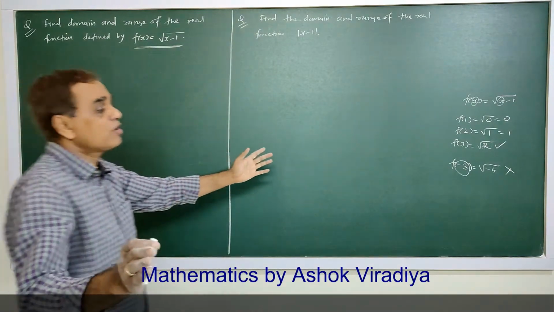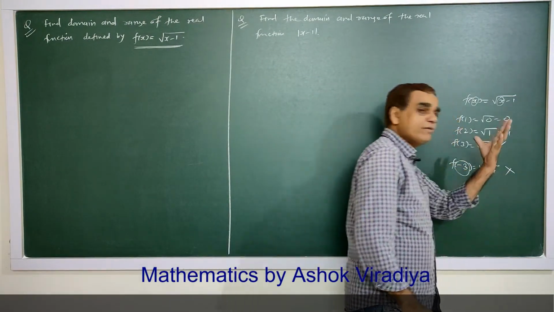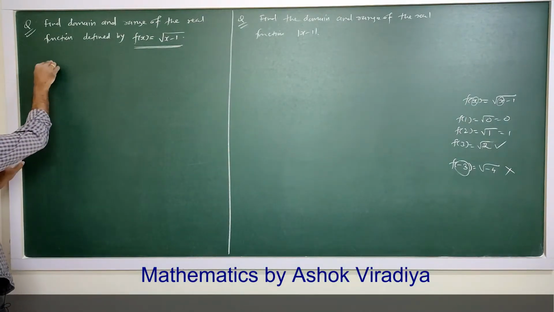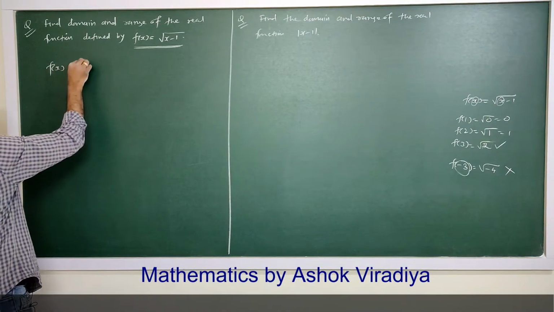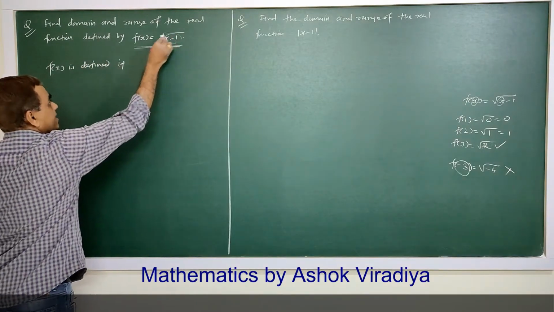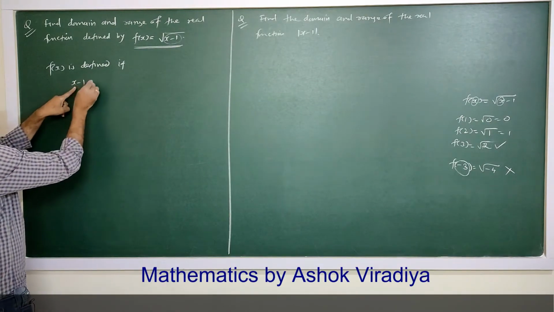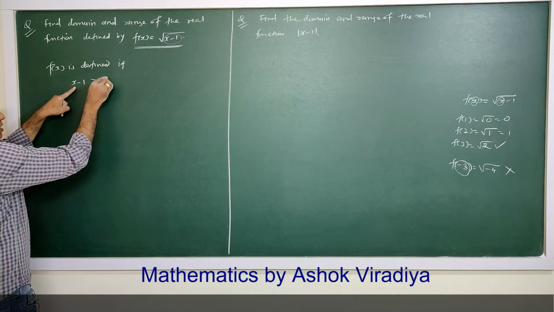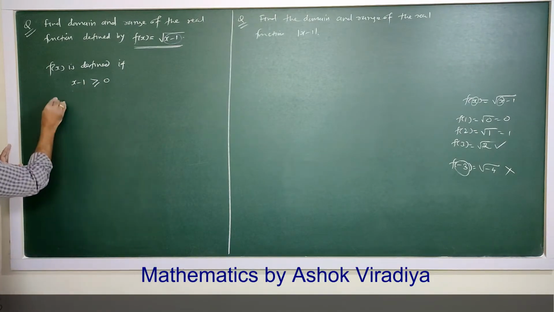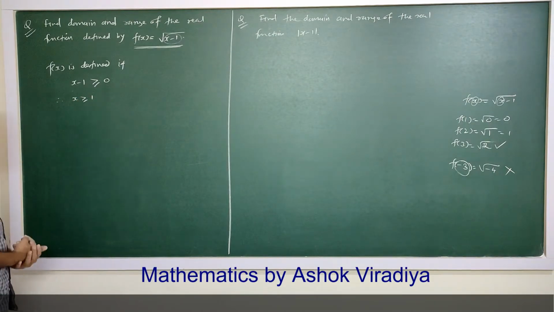Those numbers are not allowed for which inside the radical sign we get a negative number. So this function is defined if x minus 1, whatever is in the radical sign, is greater than or equal to 0. And this is possible if x is more than or equal to 1.